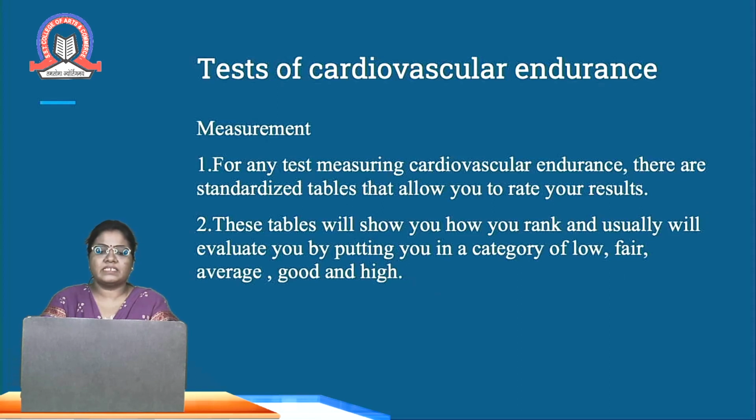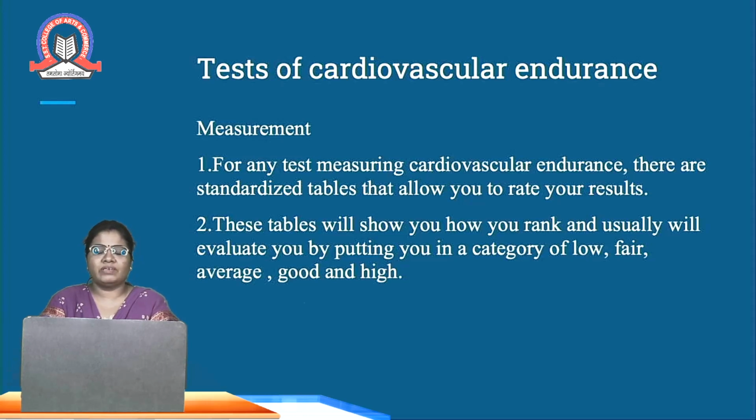Next one is measurement. For any test measuring cardiovascular endurance, there are standardized tables that allow you to rate your result. These tables will show you how you rank and usually will evaluate you by putting you in a category of low, fair, average, good and high. So different levels of performance are there when we are doing the fitness.